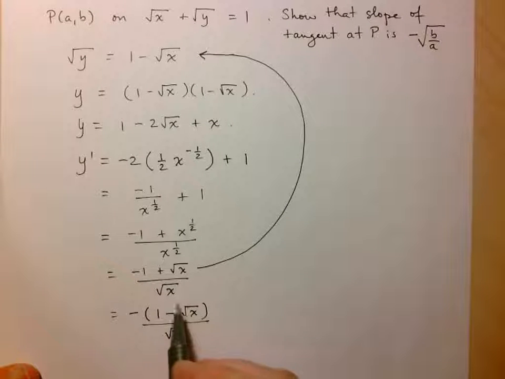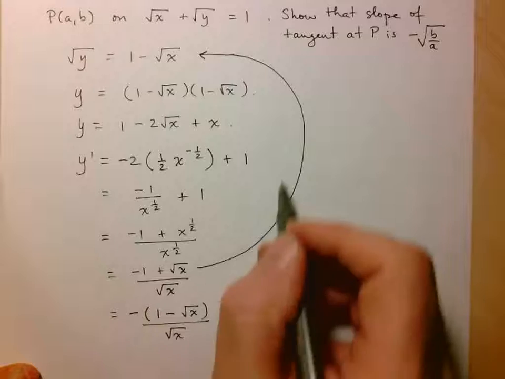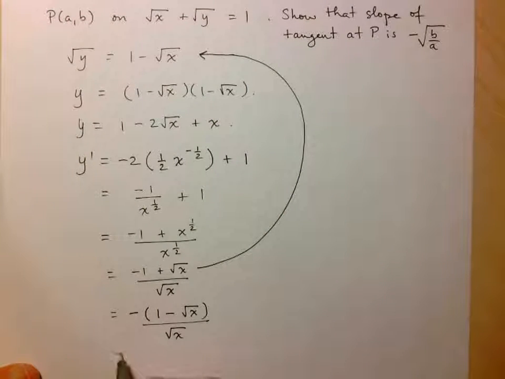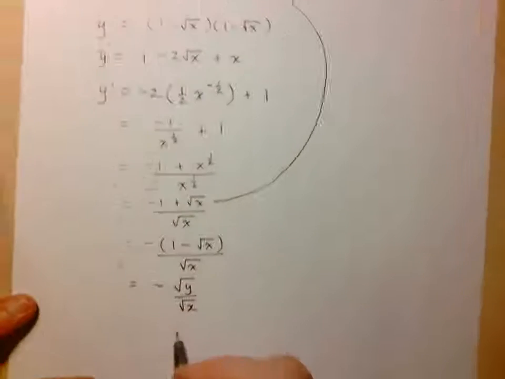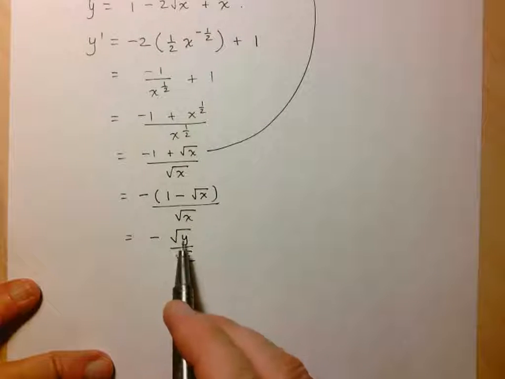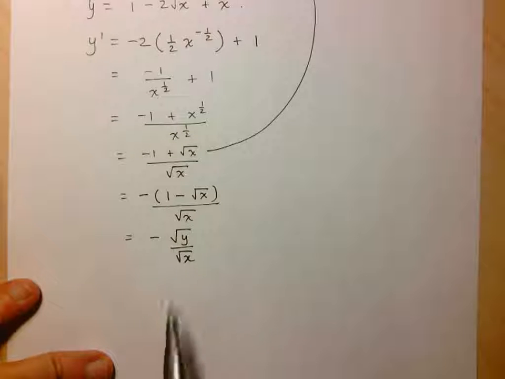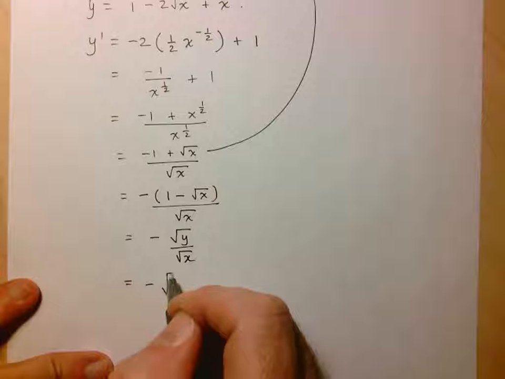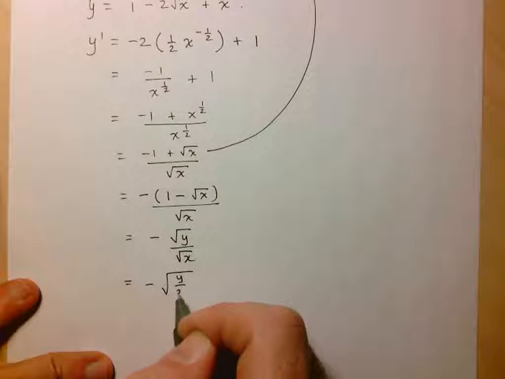This expression in the brackets is just equal to root y, so I can replace the expression in the bracket by root y. Using my exponent properties, since square roots are exponents, I can rewrite this as negative square root of y over x.